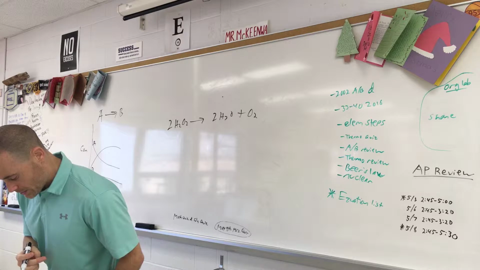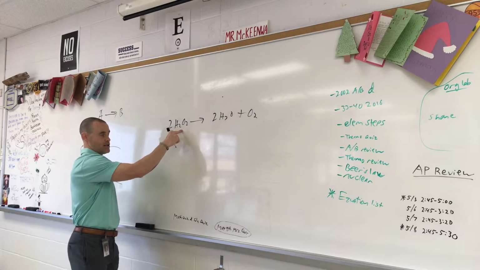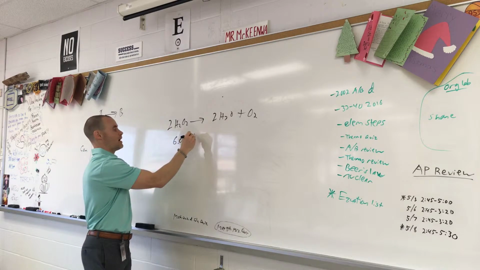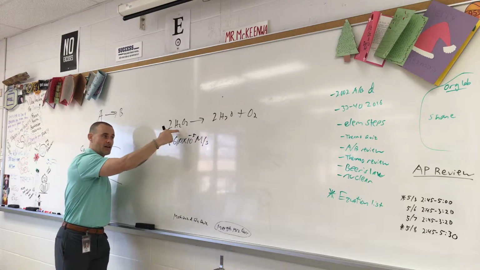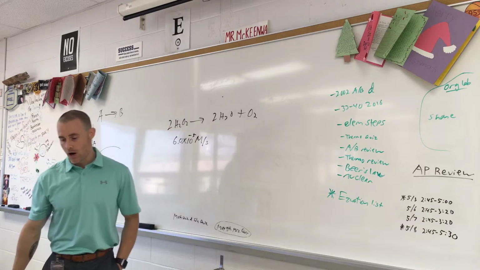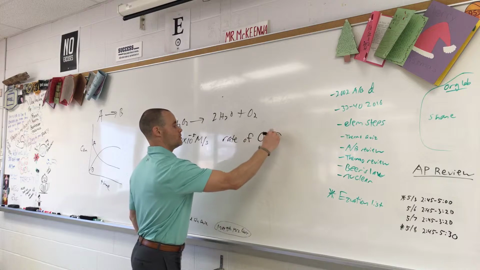Okay, all right. So, kinetics problem. At a particular point in reaction, H2O2, okay, so they're telling us the rate of this decomposition is 6.0 times 10 to the negative 5 molarity per second. So the question's saying this is decomposing at this rate. The question wants to know what is the rate of O2's formation.